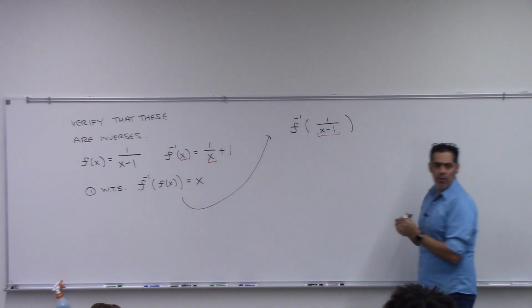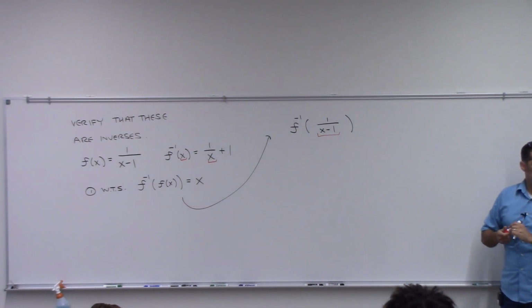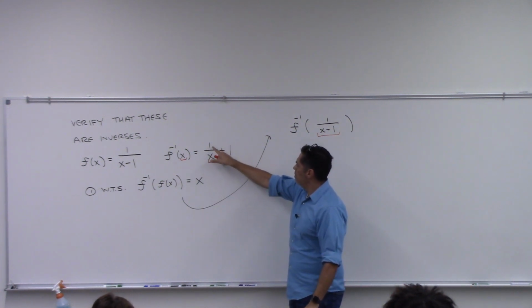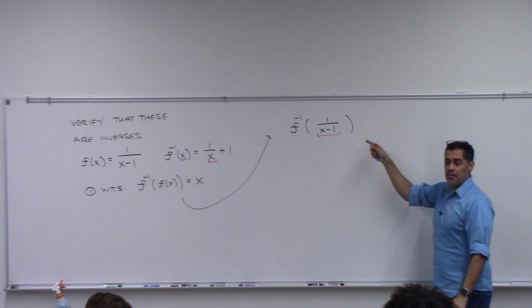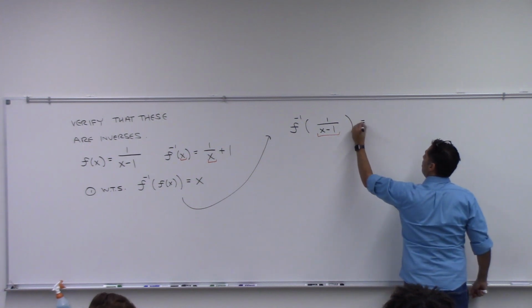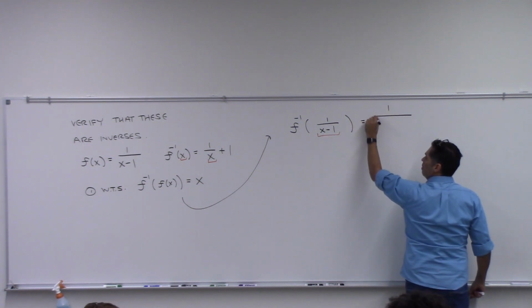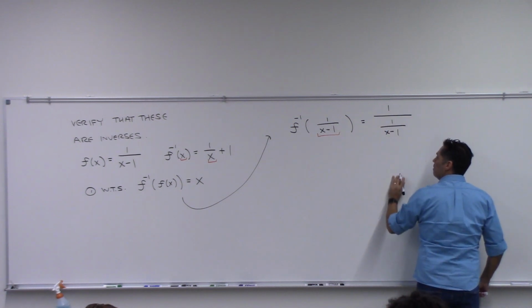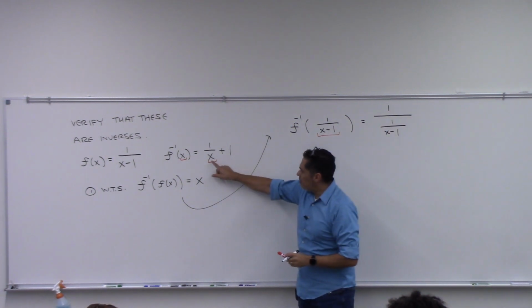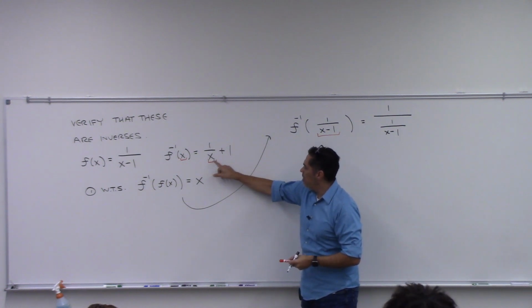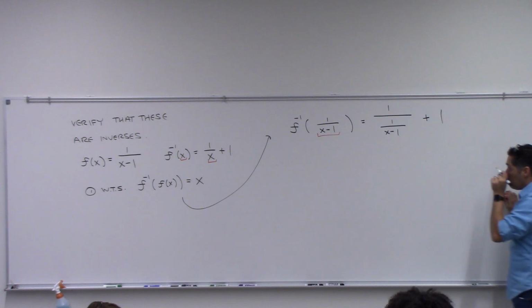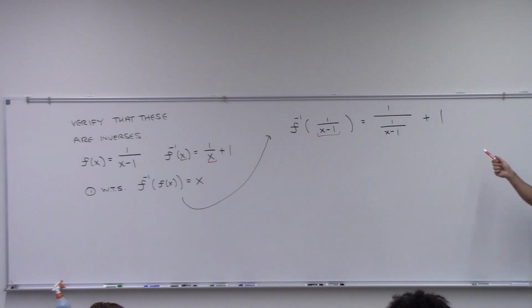That's going to be a little weird, because you're going to have 1 over all that. So this is going to become 1 over x minus 1, that's you replacing that x with 1 over x minus 1, and then you still have outside of this plus 1. This better turn out to be x.